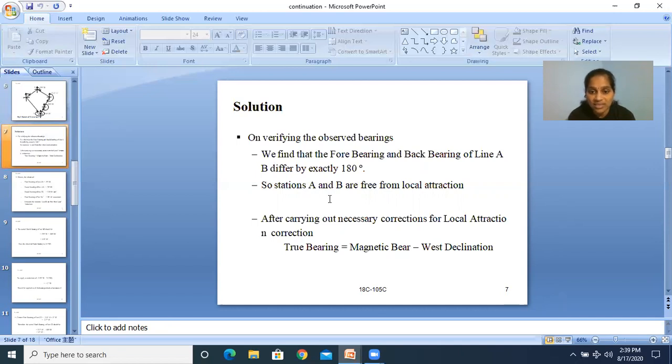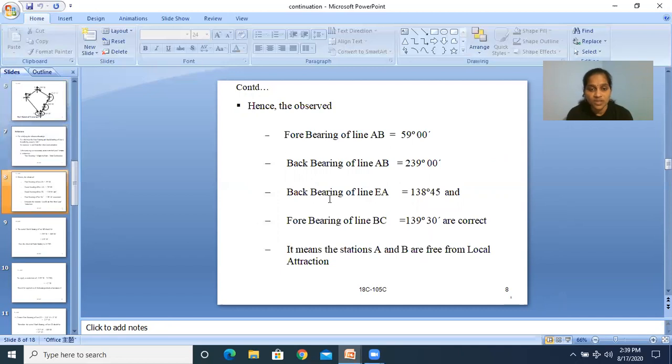After carrying out necessary corrections for the local attractions. Okay, so that is not our topic today. True bearing calculations we will see in subsequent classes. Hence, the observed forebearing of line AB, that is 59 degrees 00 minutes, is correct. Back bearing of line AB, that is 239 degrees 00 minutes, is also correct.